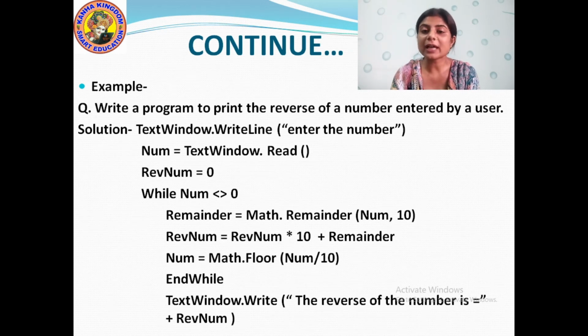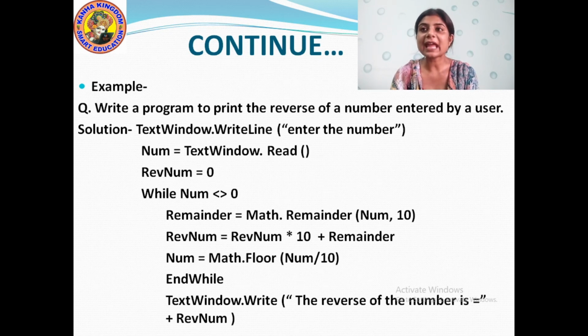This is actually the formula, the statement or the syntax that you are giving in the while loop to write a program to print the reverse of a number entered by a user. Any number you are giving to the computer, and you want the answer to be printed in the reverse way, that means in the backward form.